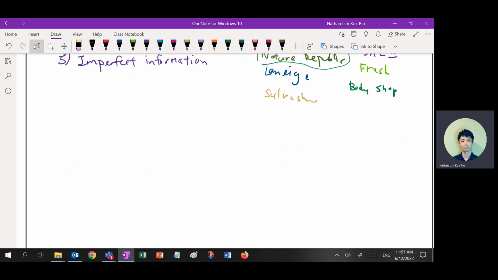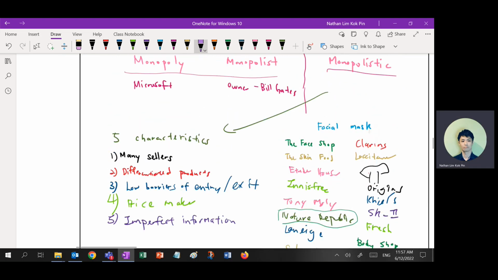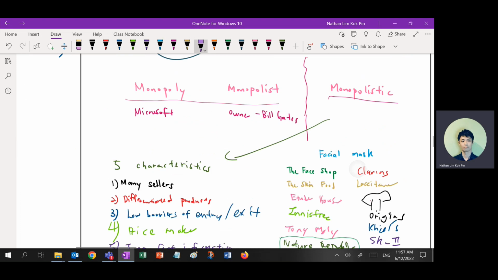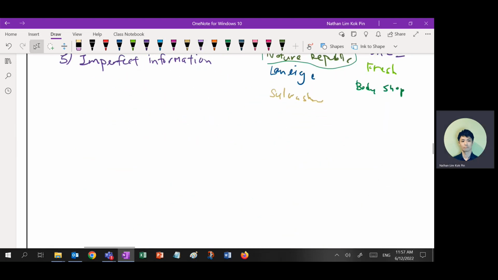Drawing the diagram involves the objective and also where the AC curve is. Two things, right? In order to draw the diagram, first, you must know where MR equals MC so that you can draw the vertical dotted line.